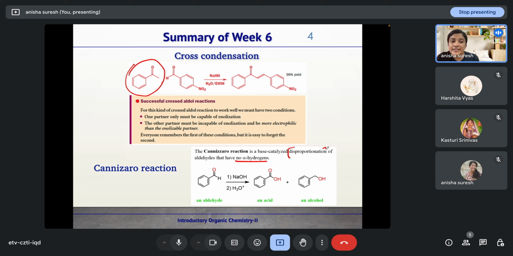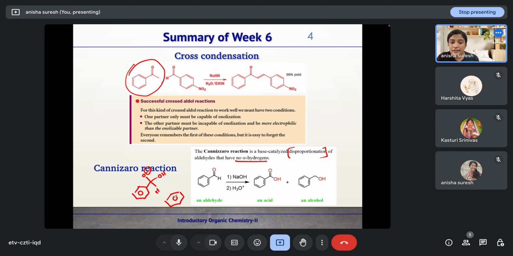Disproportionation reaction, you have seen, is where in the same compound, reduction as well as oxidation take place. That is known as disproportionation reaction. So the aldehyde, on that the NaOH will add, leading to formation of a tetrahedral intermediate like this.